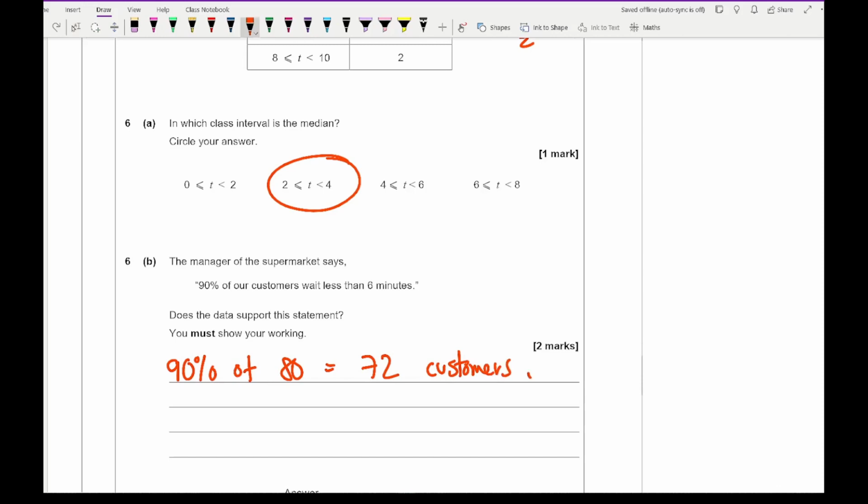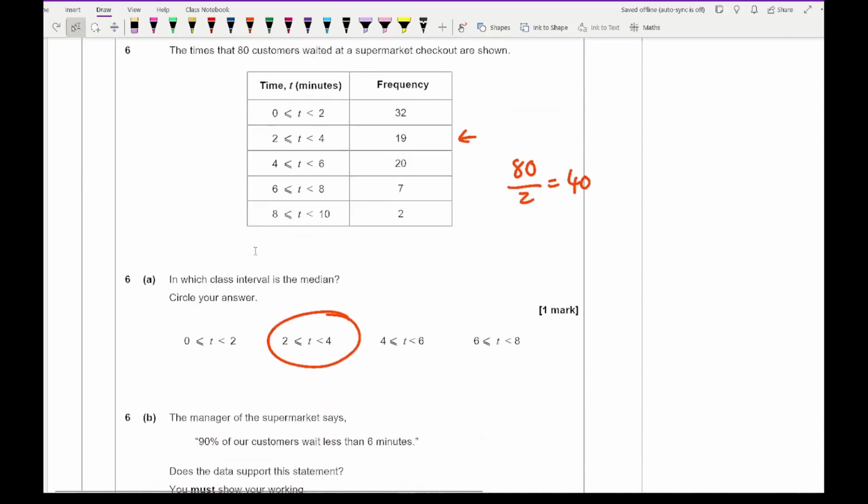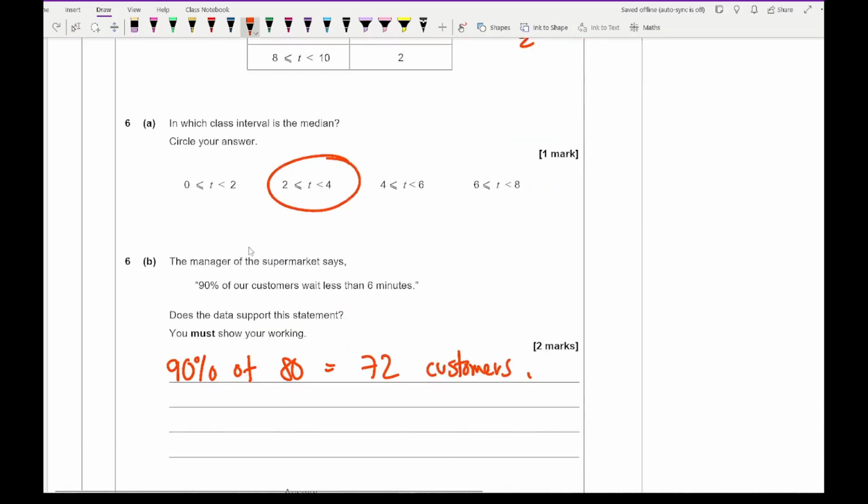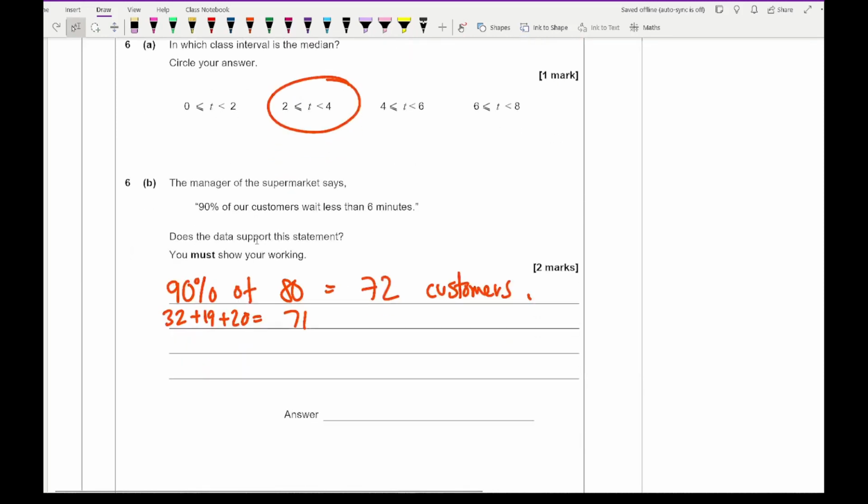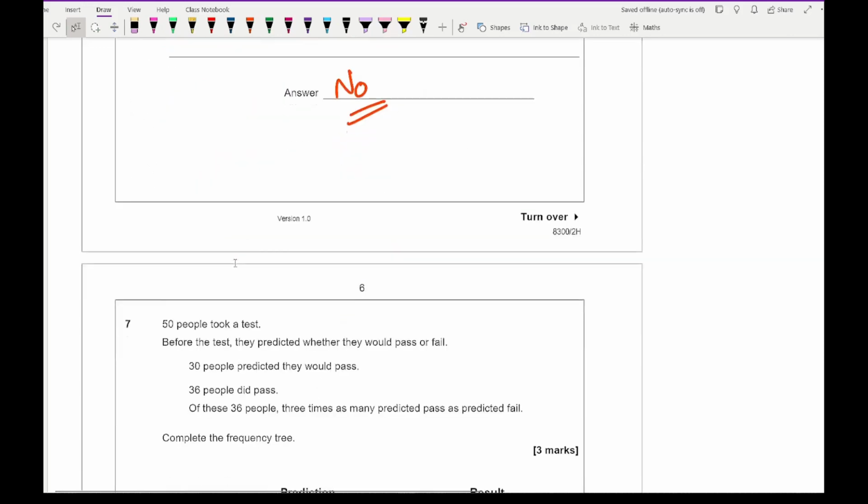Now if we look at how many customers waited 6 minutes or less, that's going to be 32 plus 19 plus 20, which equals 71 customers. So therefore the answer is no. Even though it's very, very close, it's still a no. It's just less than 90%.